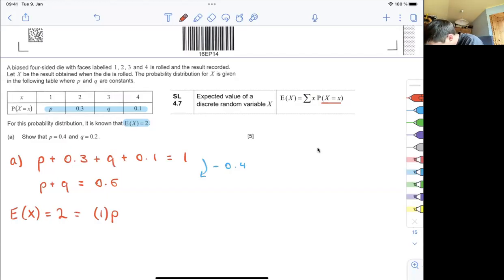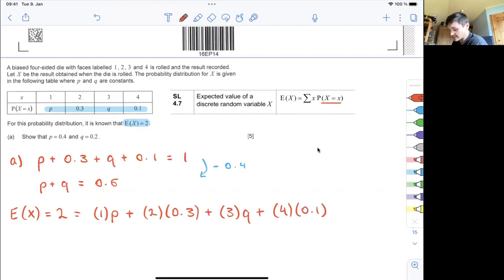Then we're going to have to add up the next one. So this is going to be 2 multiplied by 0.3, then plus 3 multiplied by Q, plus 4 multiplied by 0.1. And then that's going to have to equal 2.